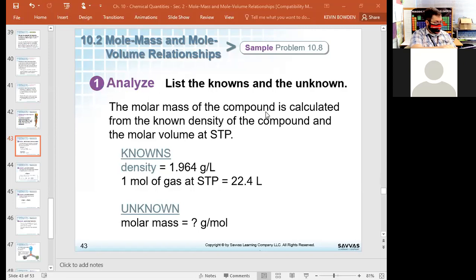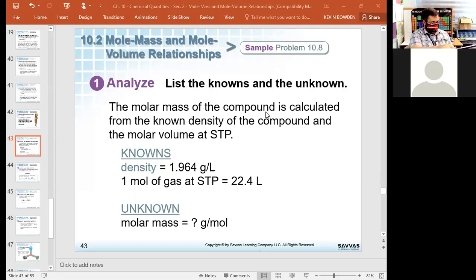So, step 2 is going to set up. I'm going to take the density times the molar volume, and that will give me the molar mass. So the density times the volume per mole gives the molar mass, and I should get grams per mole.